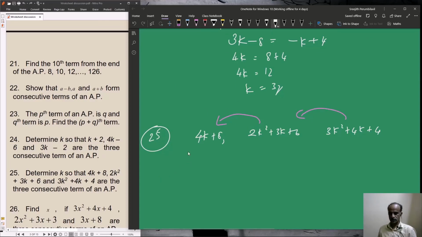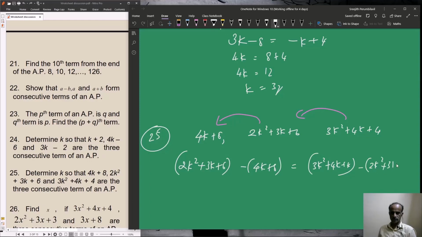These 3 are the 3 terms of an AP. Therefore, 2k square plus 3k plus 6 minus 4k plus 8 is the same as 3k square plus 4k plus 4 minus 2k square plus 3k plus 6.